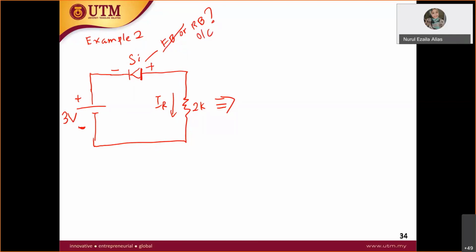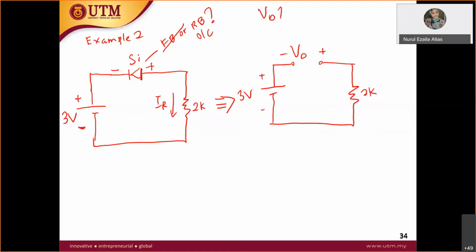So you redraw again and you will get something like this: plus minus 3 volts, and then an open circuit like this, plus minus VD, and then you have the resistor R, which is R equals 2K in the question. Now they ask you: what is VD? What are VR and IR?